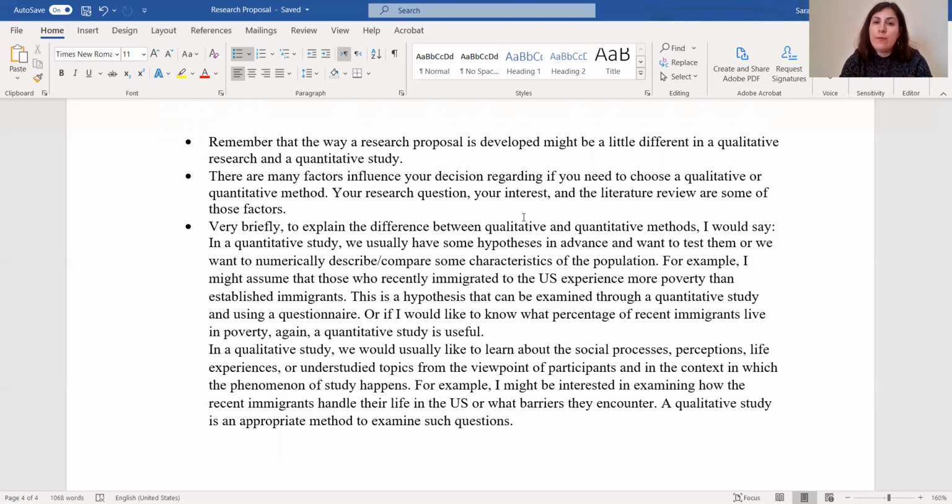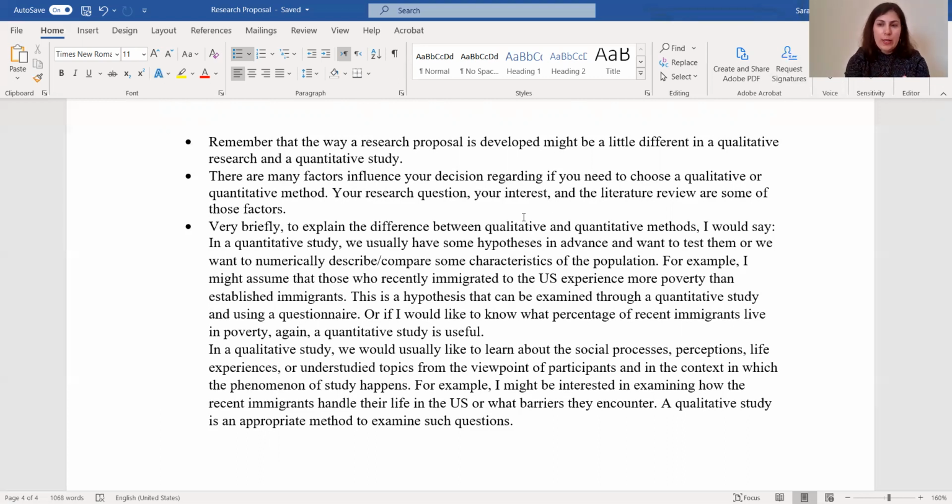Qualitative study highlights the importance of the viewpoints of our participants, and also considers the importance of context and tries to interpret the perceptions and viewpoints of our participants in the context in which we observe them. When we are interested in what our participants think or what their perception is, a qualitative study is the best choice.